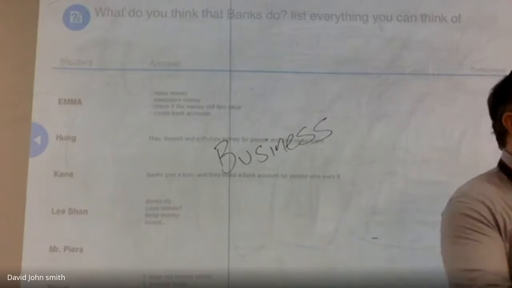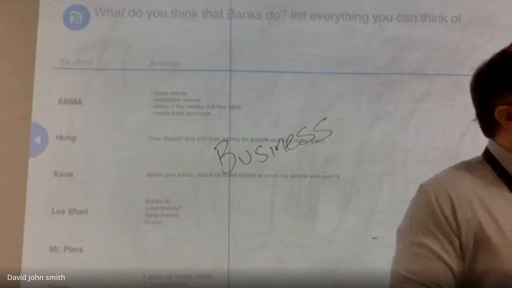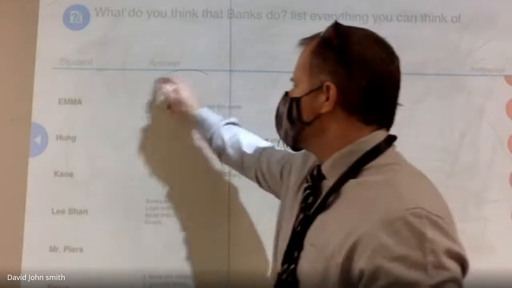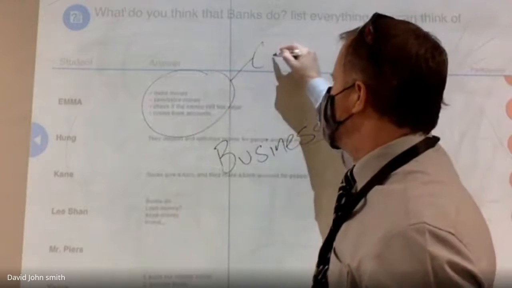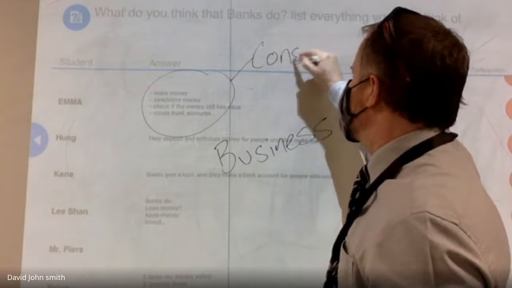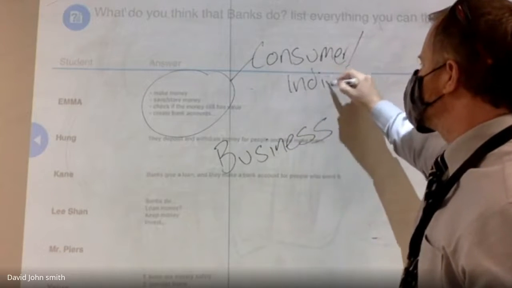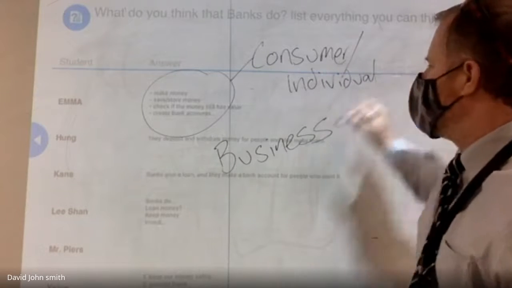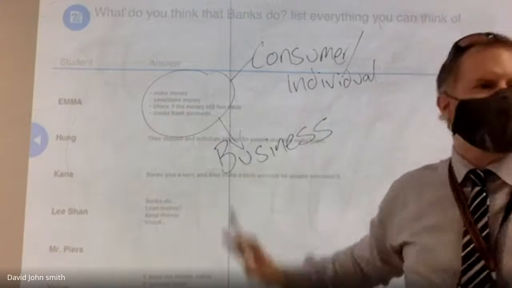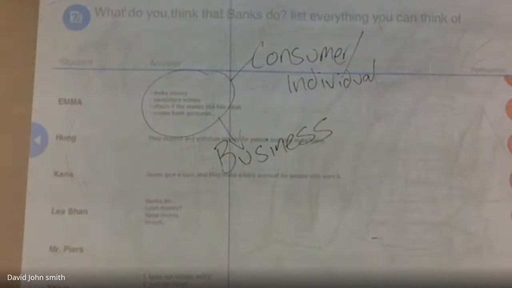Yes, they're saving you the money. But they're going to do all of that not only for you, the consumer, the individual, they're also going to do all of that for the businesses as well. So if you multiply all that amount of money, that's a lot of money that they're sitting on.